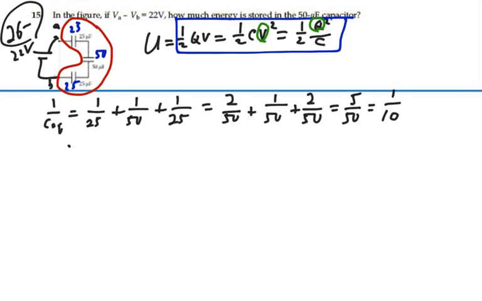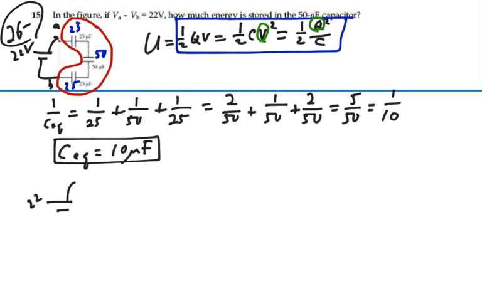So C equivalent will be equal to 10 microfarads if I flip both sides of this result. So now our circuit looks like this: a 22 volt battery and a C equivalent equal to 10 microfarads.